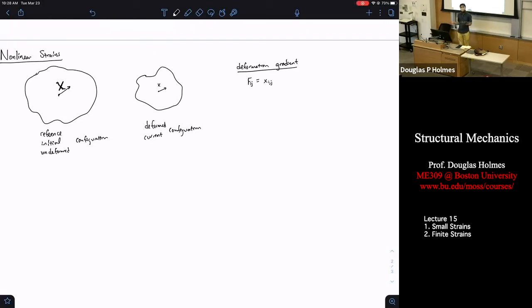And now we know what that means. Little x_i comma j means take the partial derivative of little x_i with respect to, in this case, big X_j.